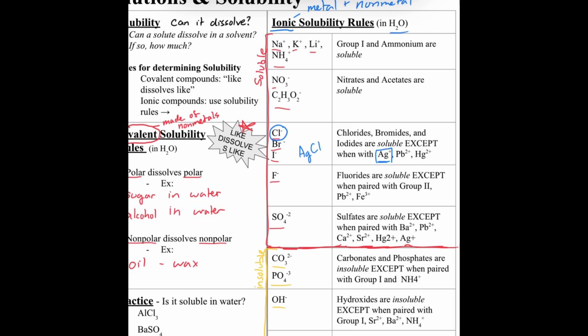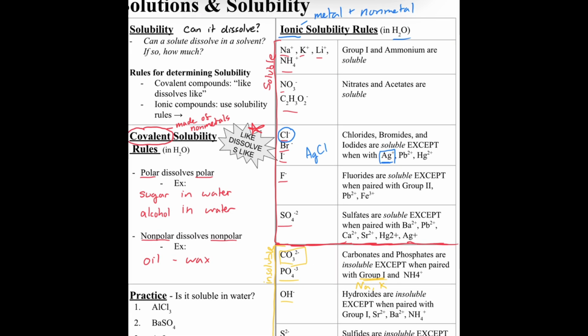And the exceptions over here are to say that, hey, carbonate is usually not soluble in water, but if it's paired with something in group 1 on the periodic table, like say sodium or potassium or something like that, because all of those are in group 1, then that molecule would in fact be soluble. All right, so I know that sounds a little confusing, but let's look at some examples for how you're going to use this table. All right, we have a practice over here.